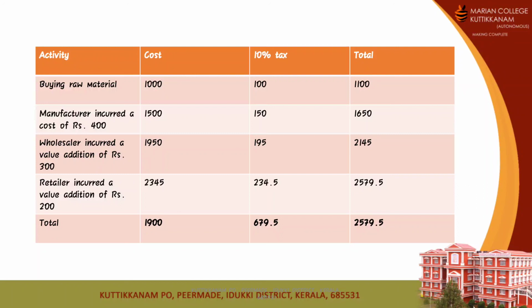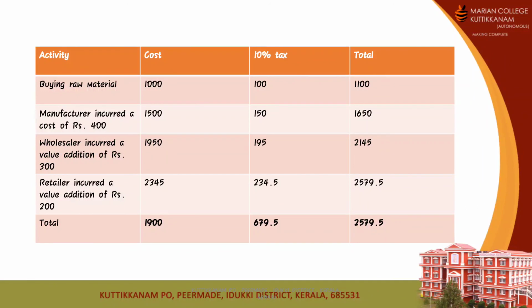Then he sells the product to the wholesaler at 1650 rupees. The product reaches the hands of the wholesaler, and there a value addition of 300 rupees occurs.